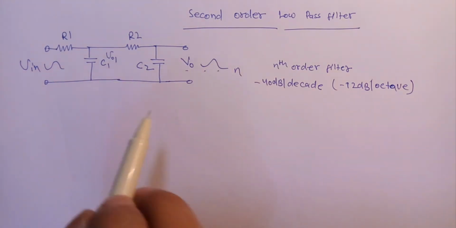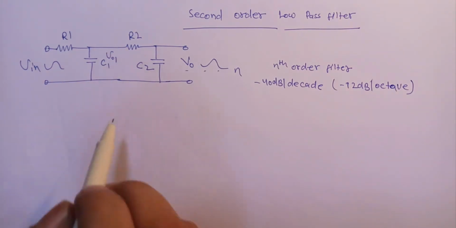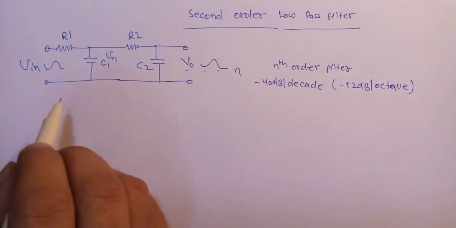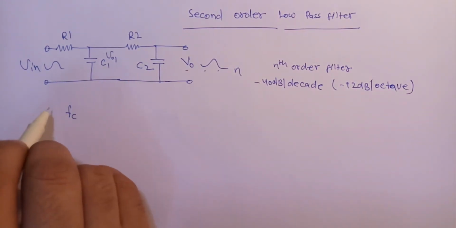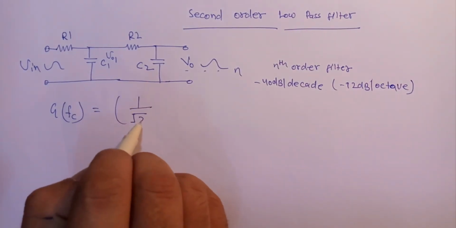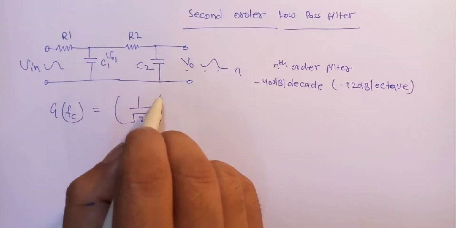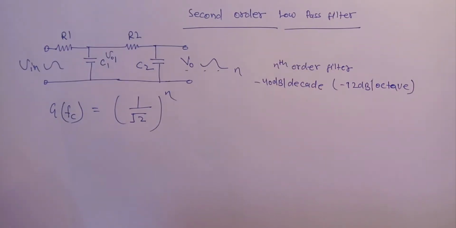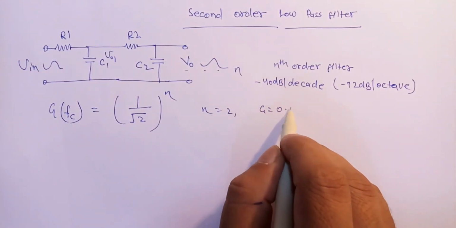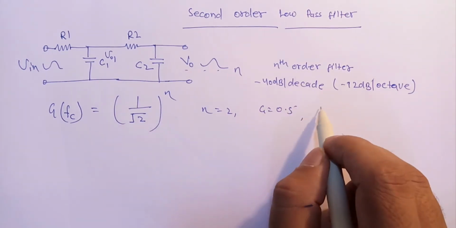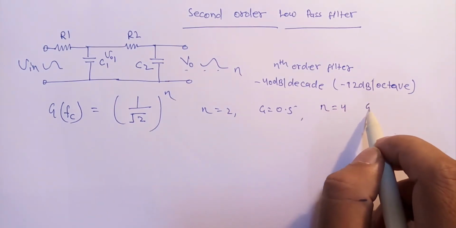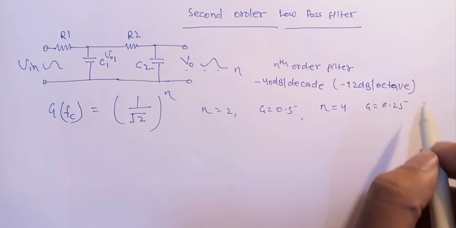If we formulate the gain at FC as we increase the order of the filter, the gain at FC will be 1 upon root 2 power n. Of course, if n is equal to 2, the gain will be 0.5, and similarly, if the order of the filter is 4, then the gain will be 0.25.